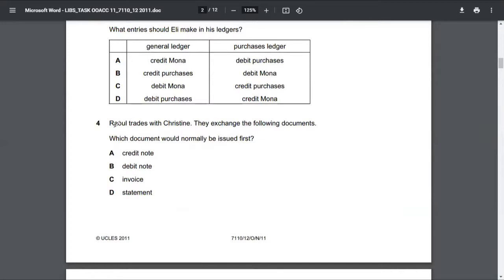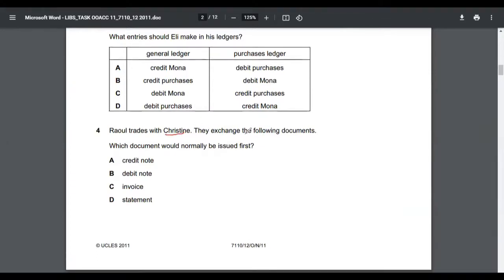Multiple choice 4. Raul trades with Christine. They exchange the following documents. Which document would normally be issued first? So credit note, no, because this is way after the transaction.